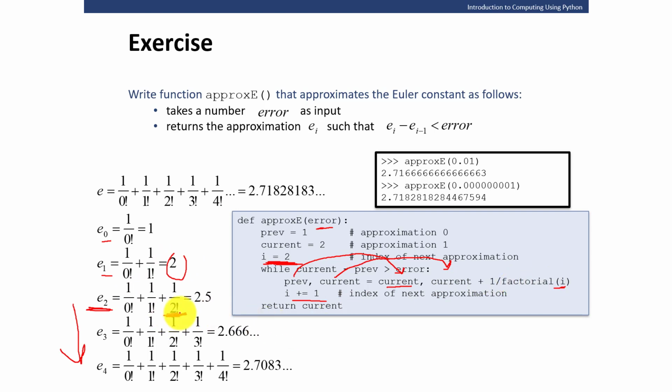That's what we have here, and then I plus equal 1. We keep looping until the difference between current and previous is no longer greater than the error, then we return the current. I hope this is clear, and this is one of the most challenging questions that you may encounter in this course.